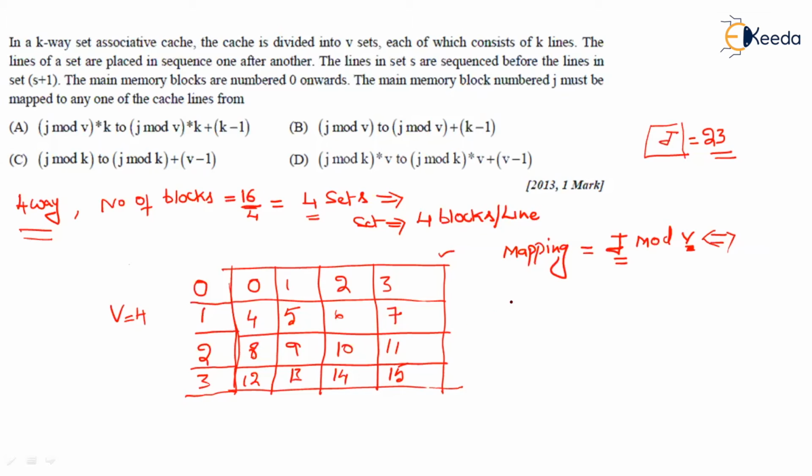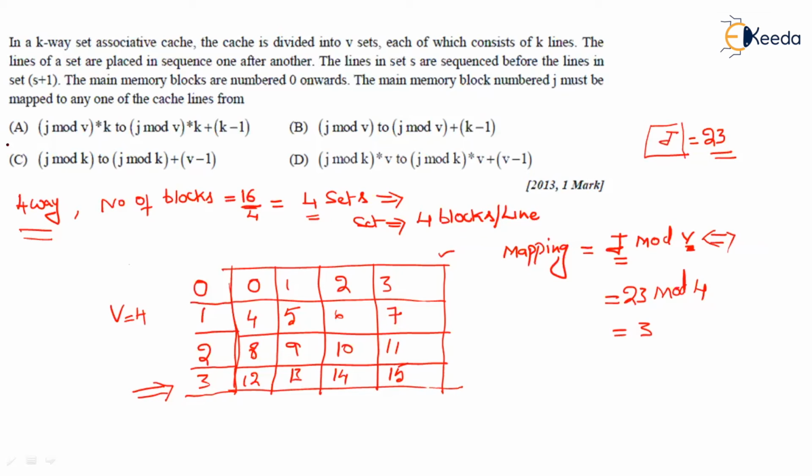Initially, we just go for J mod V. J is equal to 23, V is equal to 4, right? 23 mod 4 is equal to 3. So this means that it is getting mapped to the third set. Obviously it will get mapped to the third set.